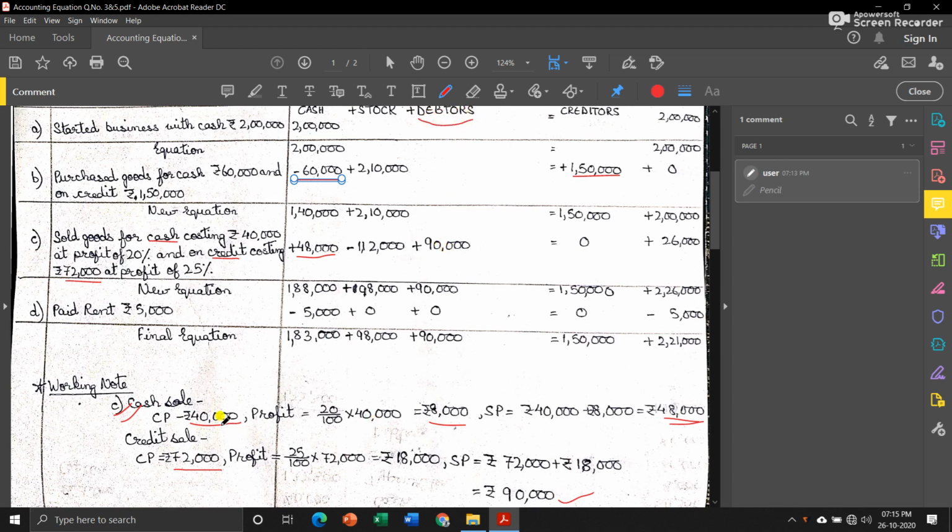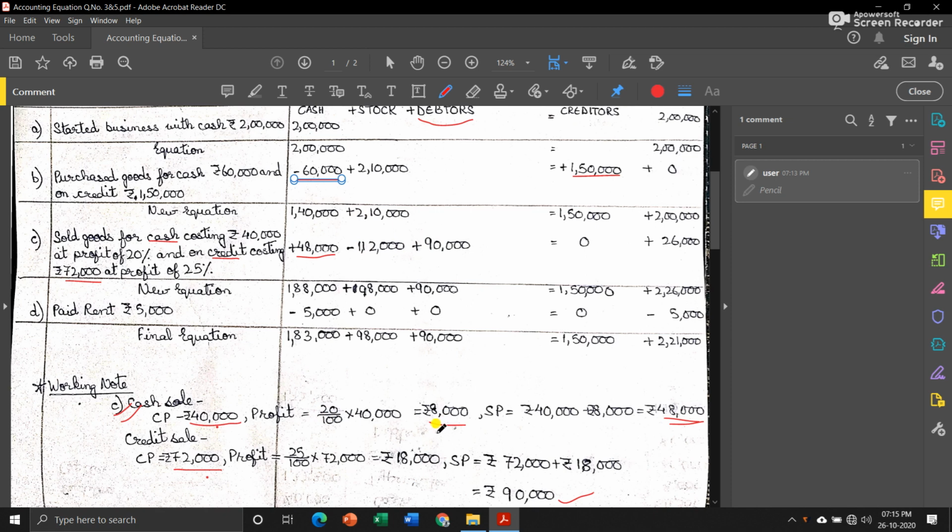But since goods with cost price 40,000 and 72,000 were sold, that much stock went out from the business. So we will add this 72,000 and 40,000 and deduct it from our previous stock of 2,10,000, that is 1,12,000. Now see, there is profit of 8,000 and 18,000.